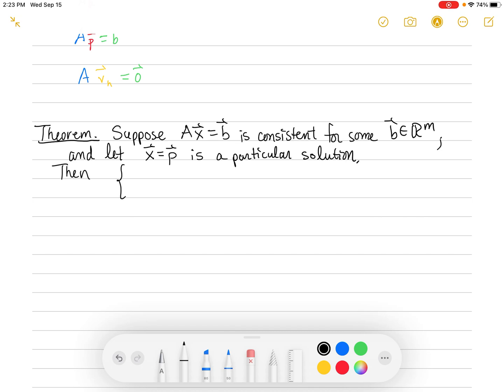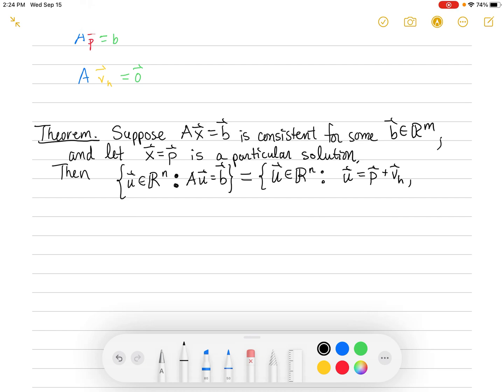Then that means the set of all vectors U in Rn such that A times U equals B is going to be equal to the set of vectors U in Rn such that U is of the form P plus VH.